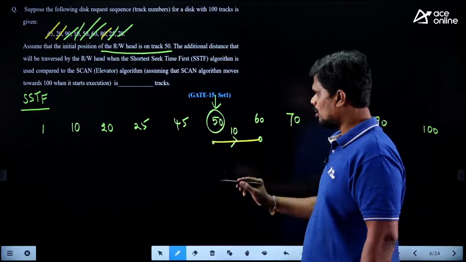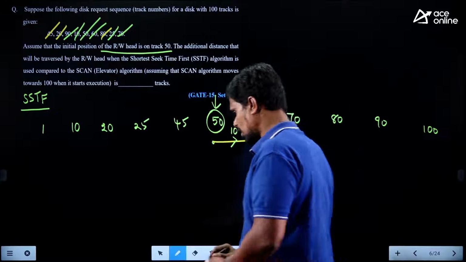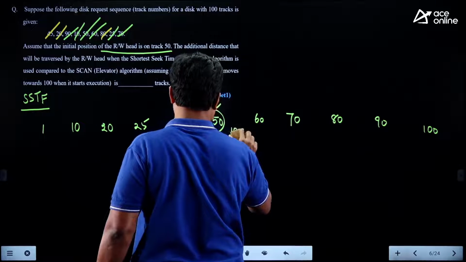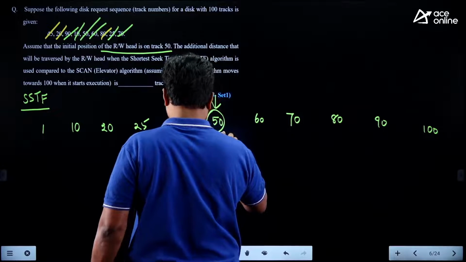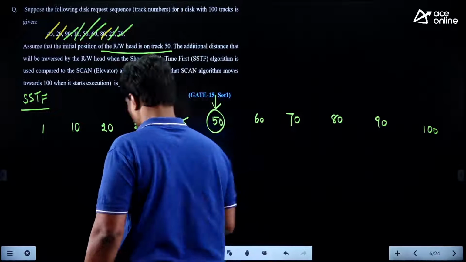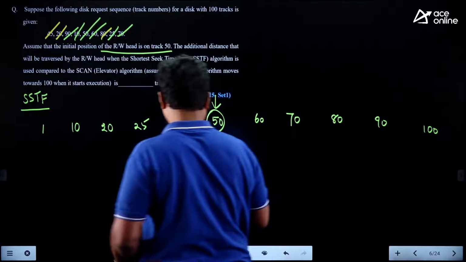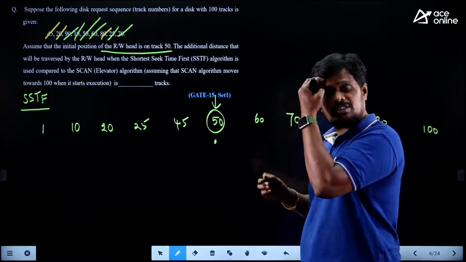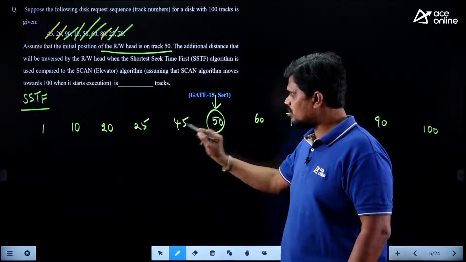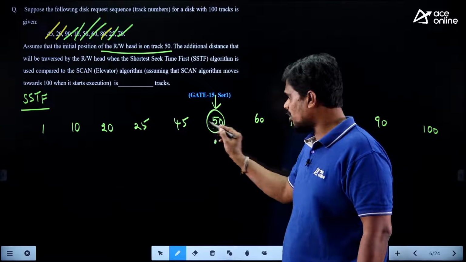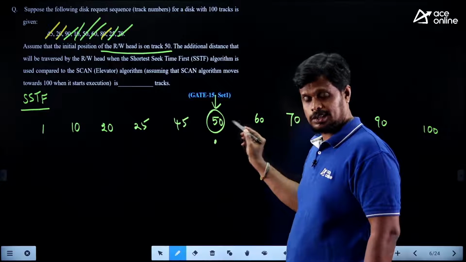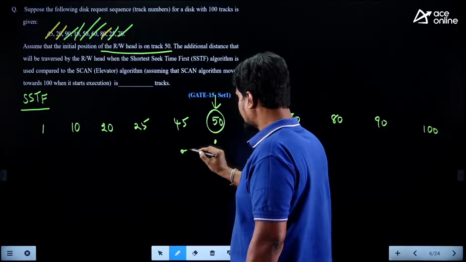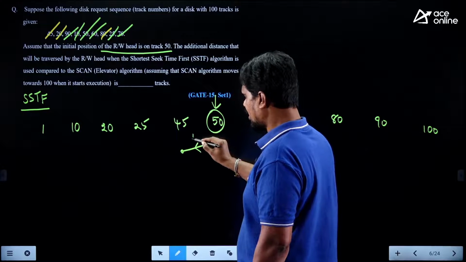So let's consider this. A small mistake is being committed by me. So please verify. From 50, 45 and 60, which one is the shorter distance? 45 is the shorter distance because the distance is 5 here, but 10 here. So 5 is the shorter distance. That's why from here it goes to 45. So what is the travel distance? 5.